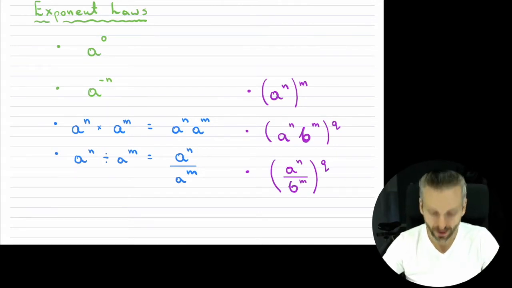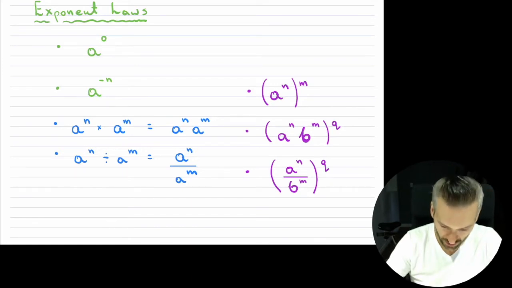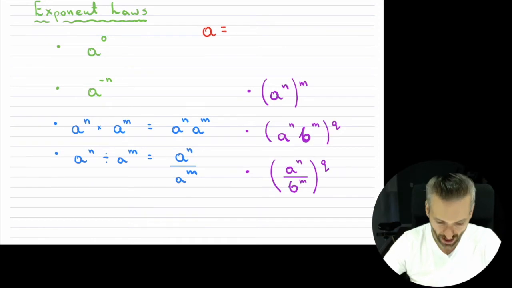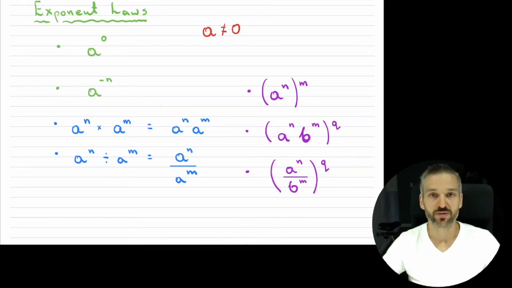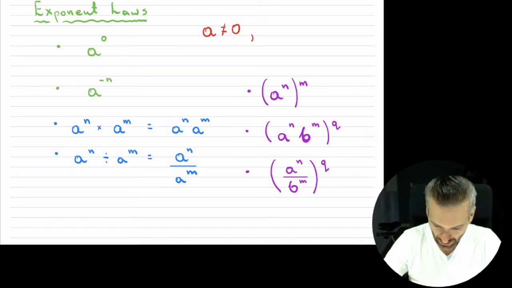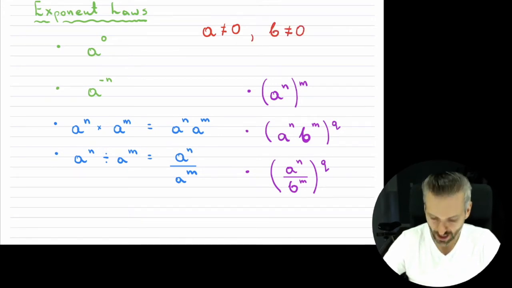Before I break it down, I want to make sure that in this case, this number A that you see everywhere, I'm going to assume that it is not equal to 0. So I'm going to leave off the zeros for the moment. And because we have a B, I'm also going to assume that B is not equal to 0.